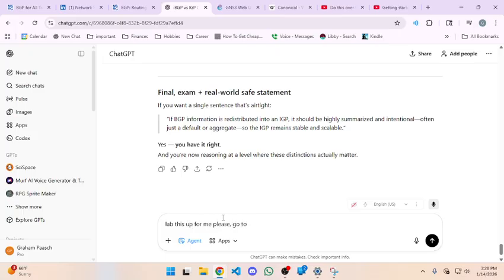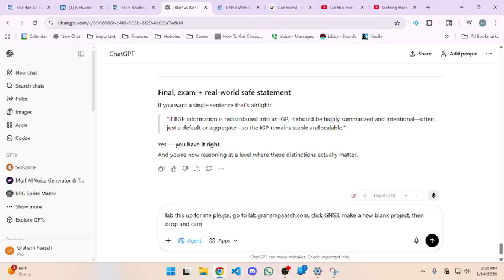Go to lab.grandposh.com, click GNS3, make a new blank project, then drop and cable up the devices you need. When you are done, hit the play button at the top.